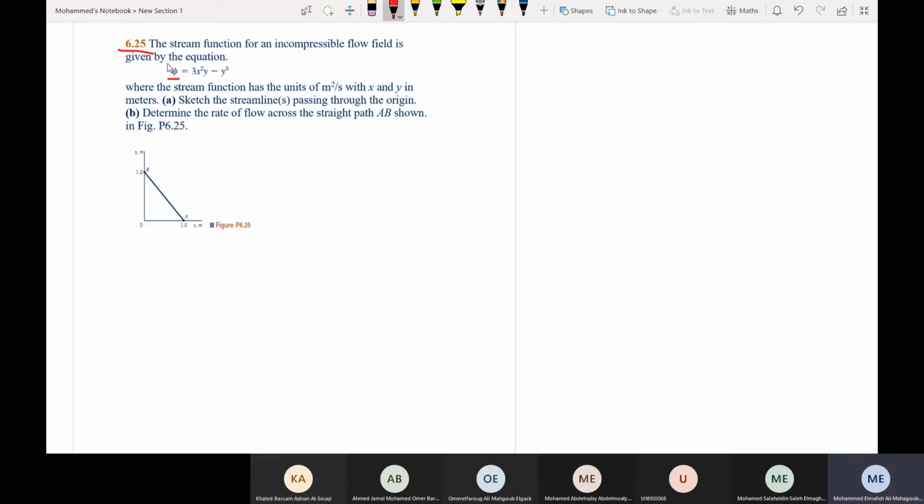Either he is going to ask you for the volumetric flow rate, which is one of the physical significances of the stream function, that the stream function at 2 minus the stream function at 1 equals the volume flow rate per width.